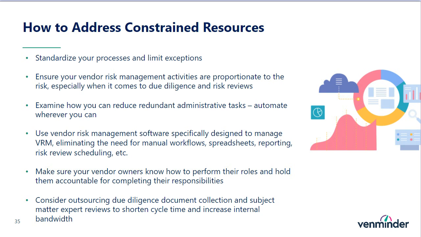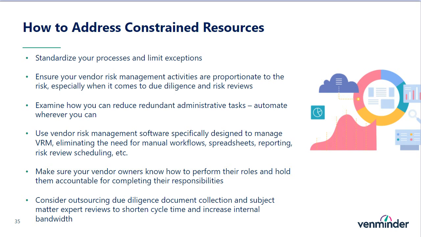Look at your administrative activities and see if there's redundancies that you can automate. One way to automate is to use vendor risk management software. So that allows you to get rid of all those manual workflows and spreadsheets and individual emails, the reporting, etc. A big one here is making sure that your vendor owners know how to perform their responsibilities and hold them accountable for doing it.